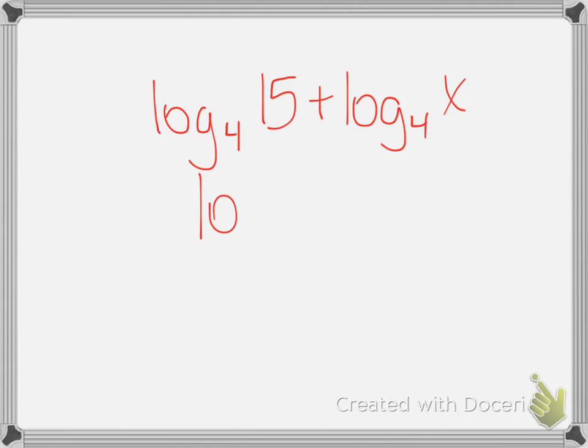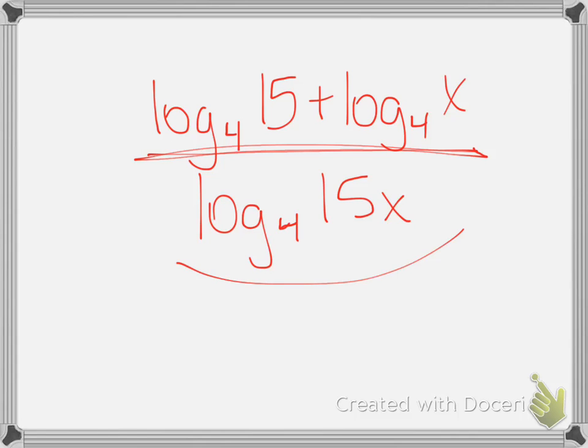Together that would be log base 4 of 15x, because I multiplied them together. So it's just a way of taking two logarithms and combining them into one logarithm. You multiply the two arguments if they're being added.